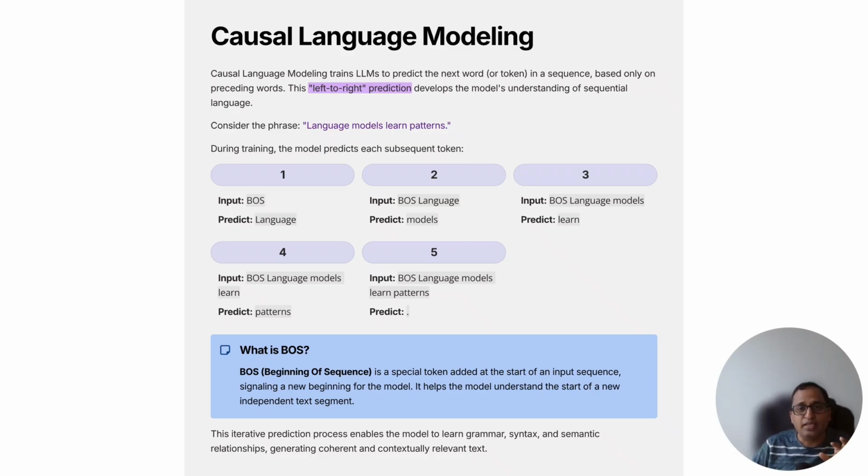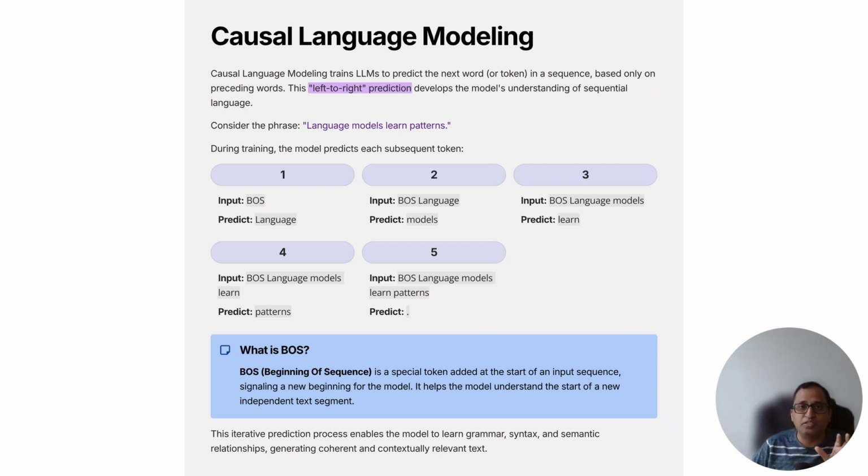Let's walk through a simple example. Say we have a sentence: language models learn patterns. During training, we don't feed the full sentence at once. Instead, we go step by step. We start with a BOS token, which stands for beginning of sequence.